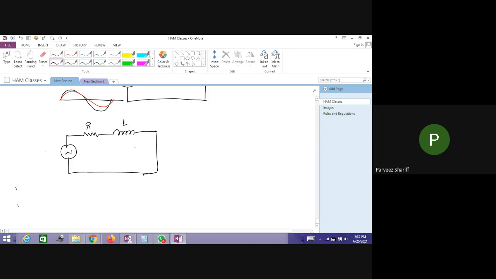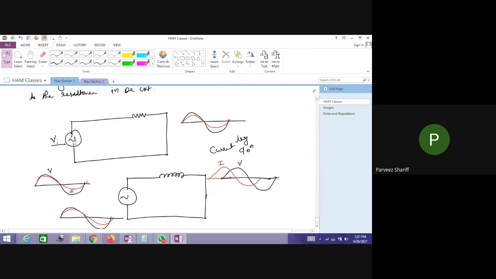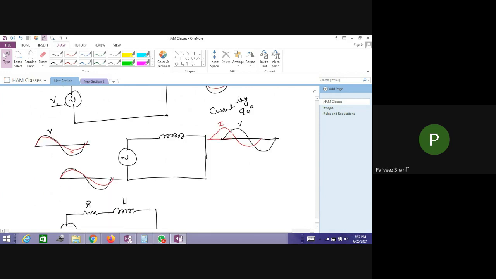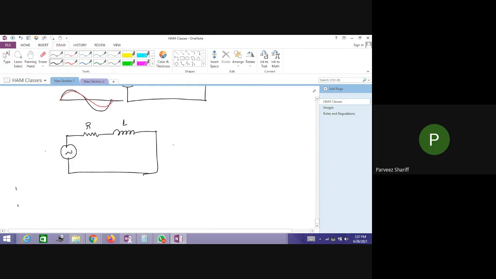Now, we have seen that when we apply an AC signal or AC voltage source across a resistor, there is no phase change in the voltage or current. But when it passes through an inductor, there is a phase change in current. It means the current will lag, will be delayed by 90-degree phase. So the same thing will be experienced here also.